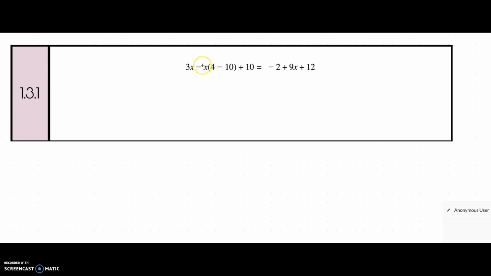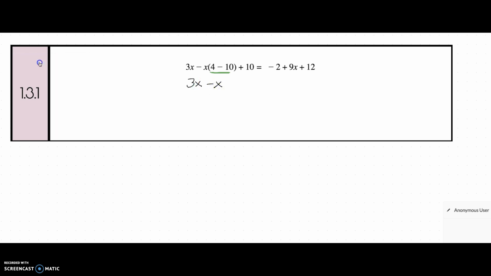I see that I can either distribute or I can combine this 4 minus 10 inside the parentheses before I do anything else. So if I do that, then I have 3x minus x.